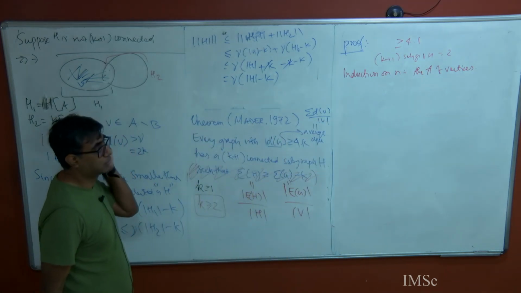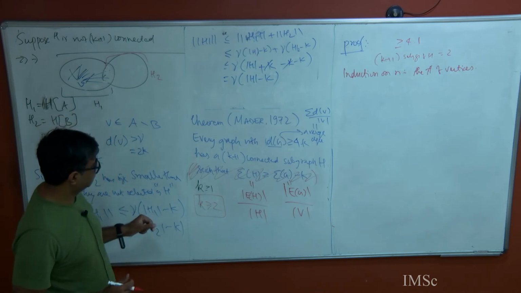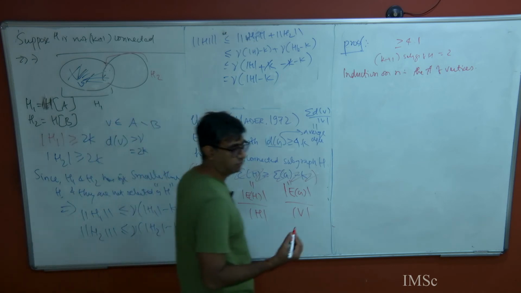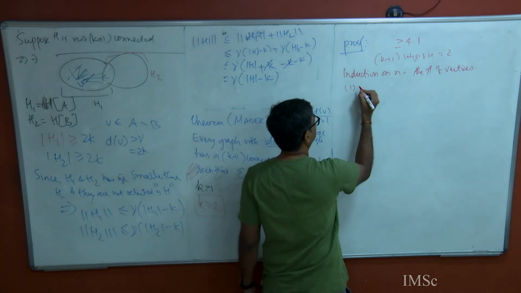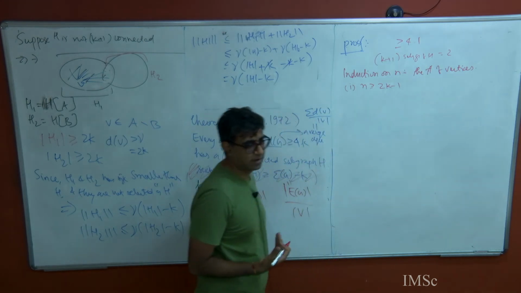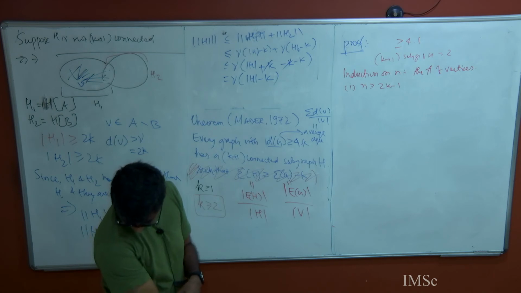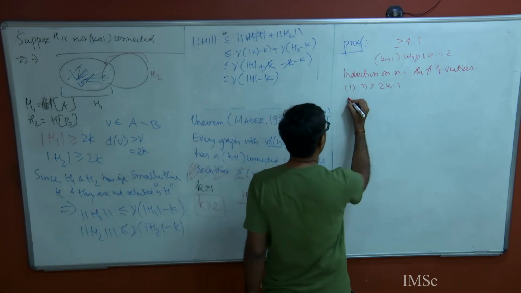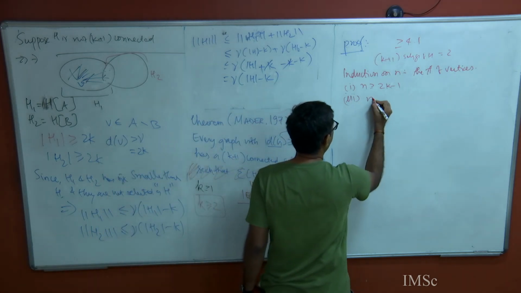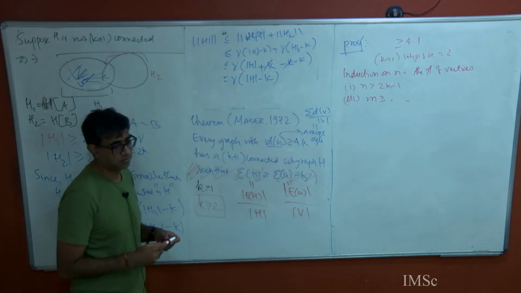Because of the average degree condition, what two things do we know? n is at least 2k minus 1. In fact, n is at least 2k because of this average degree condition. And secondly, how many edges do we have? m is at least something. We'll worry about that something later.